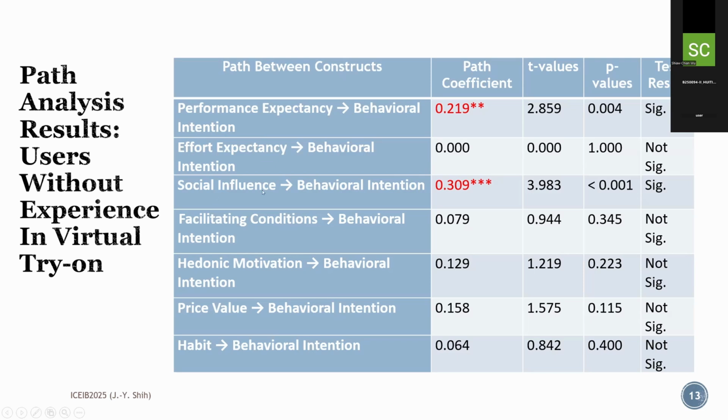Social influence has a higher coefficient than performance expectancy and is also significant on behavior intention. This is for the users with high intention, but who haven't tried virtual try-on in their shopping decisions.